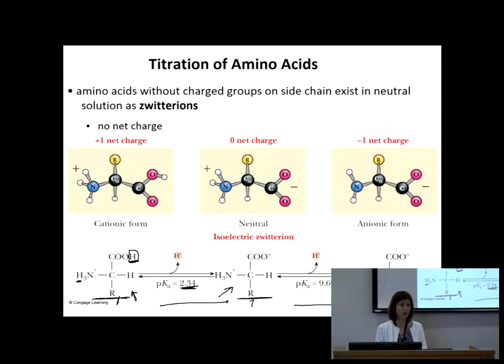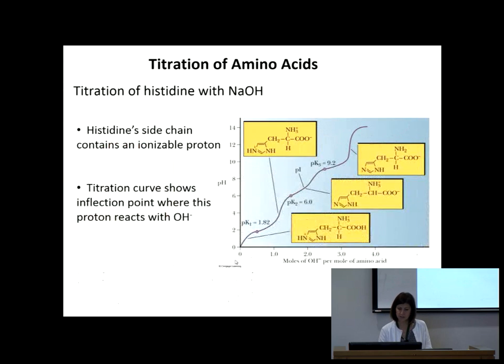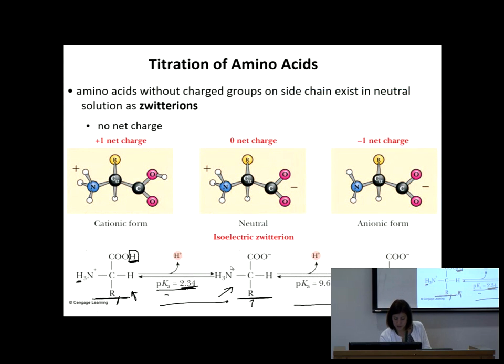Yes, COOH is the acid, and this pKa corresponds to the acid. This pKa corresponds to the amine group. So you can look back in the last slide, and it has that table of the pKa's, which I will supply to you on the test.